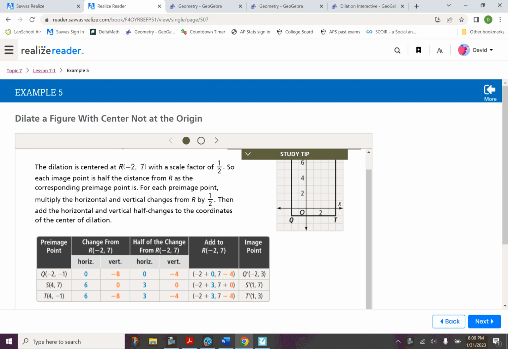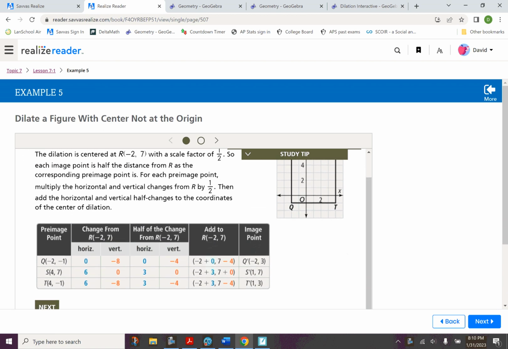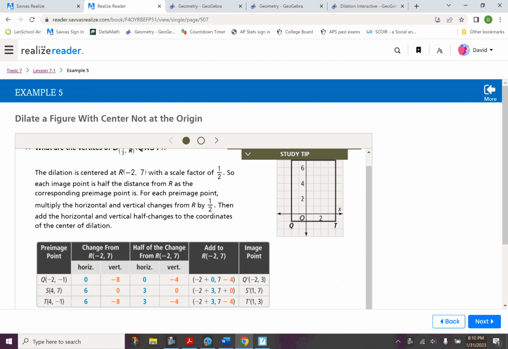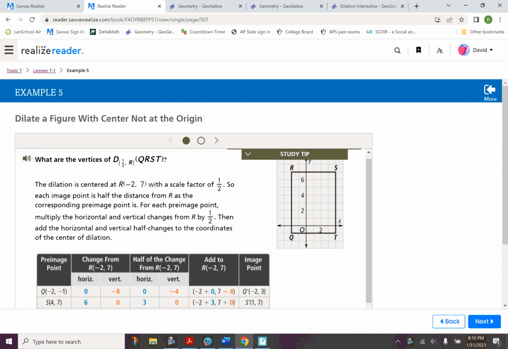Oh, look at the lovely chart that they've created for you here. This isn't the simple multiplication that we just saw a moment ago. I think the chart's actually making it more complicated than it should. The distance from R to Q is 1, 2, 3, 4, 5, 6, 7, 8 spaces.